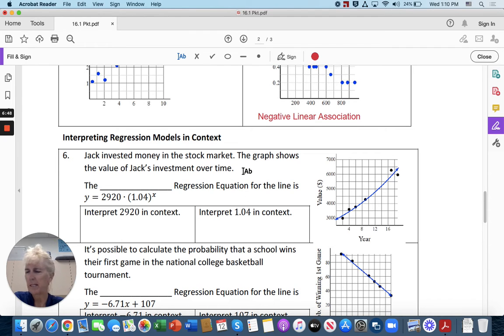Jack invested money in the stock market. The graph shows the value of Jack's investment over time. The regression equation for the line is this. We call that the exponential, because it's exponential actually.